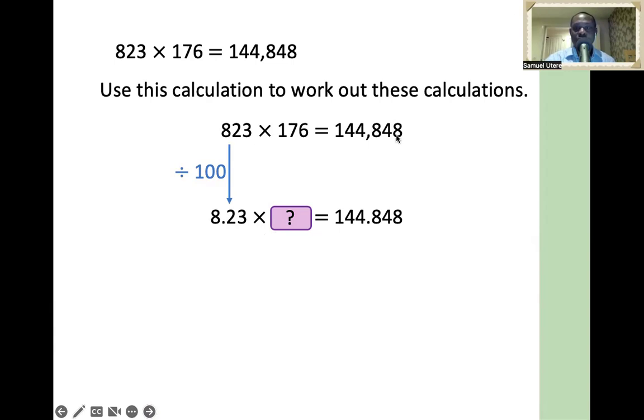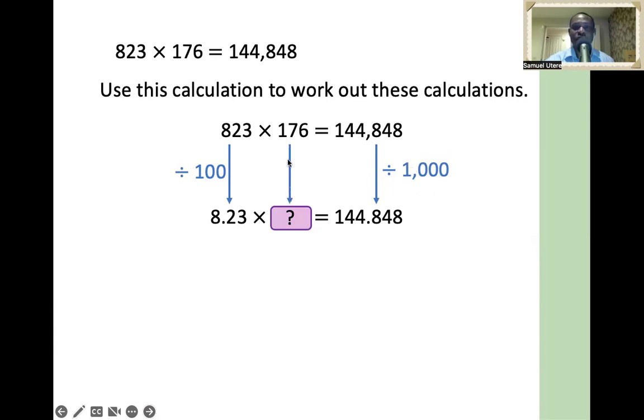And we can see here that the answer is divided by 1000. So you're thinking, if I divided one of them by 100, I have to put something there that I will be dividing by, so that the answer will be to divide by 1000.